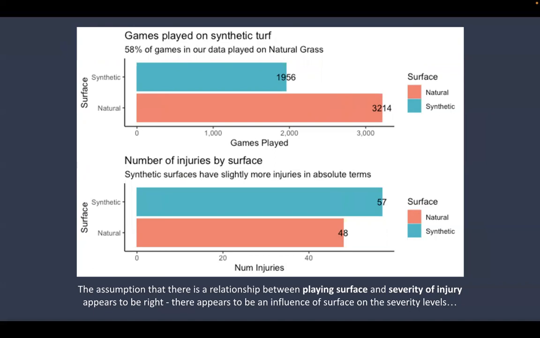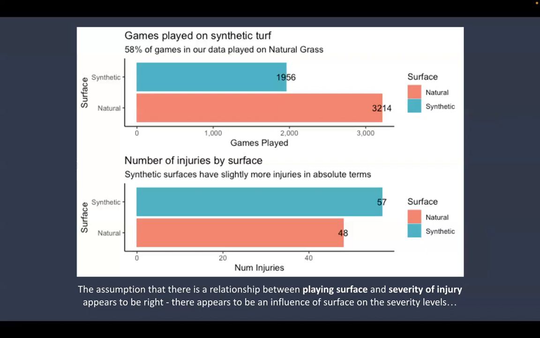And then on the bottom, we have number of injuries by surface, which is quite interesting because synthetic surfaces, although there were less games played on synthetic surface, it does have slightly more injuries in absolute terms here, which is a cause for concern because if there's less games played on synthetic surfaces, why are there more injuries occurring on synthetic surfaces?